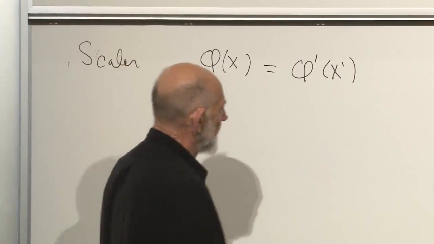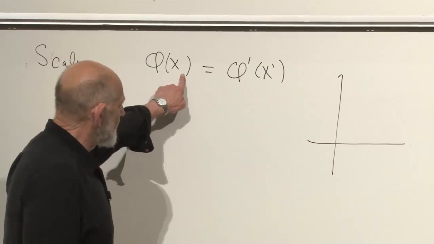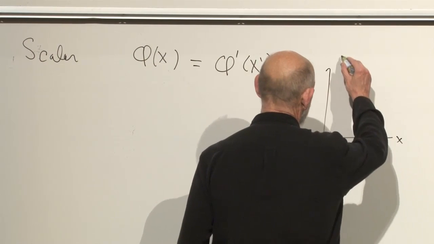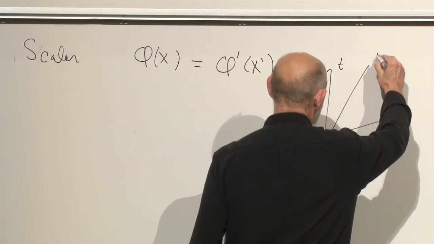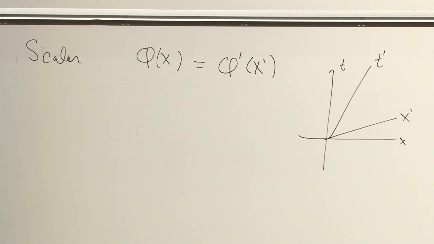X could stand for position in space-time in your frame. X prime and t prime could stand for position in space-time in my coordinate frame.